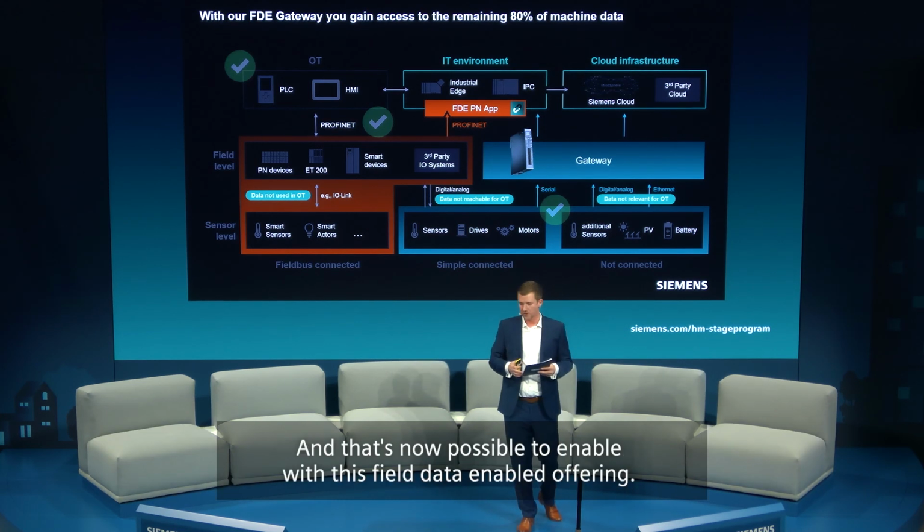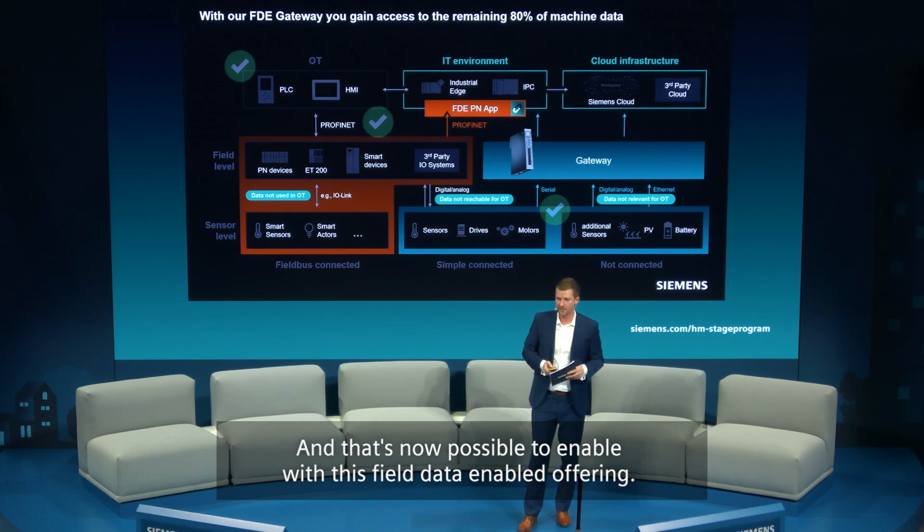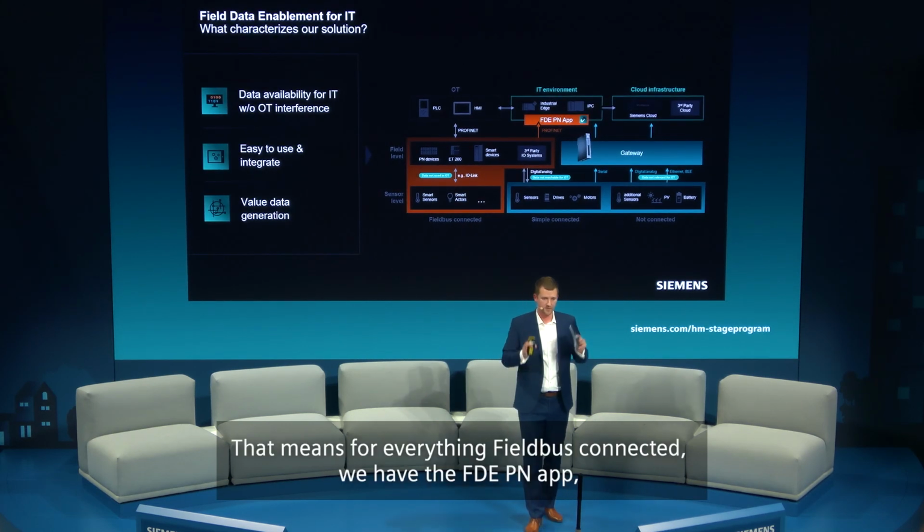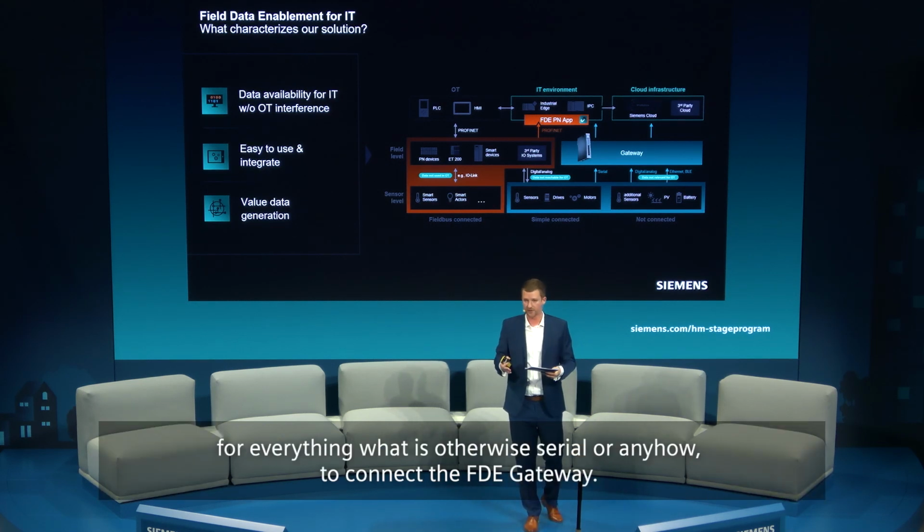And that's now possible to enable with this Field Data Enabler offering. So the offerings complement each other. That means for everything fieldbus connected, we have the FDE PN app. For everything that is otherwise serial or anyhow hard to connect, we have the FDE gateway.